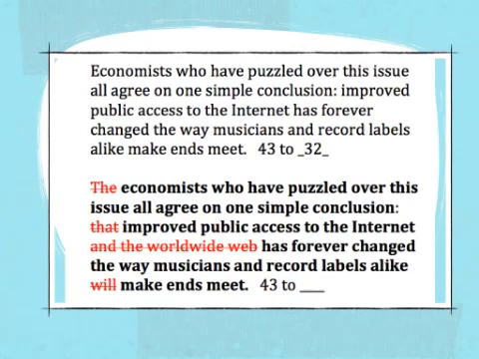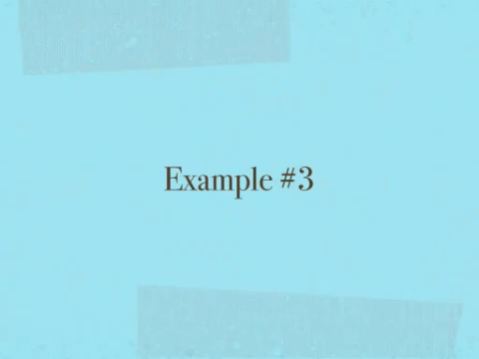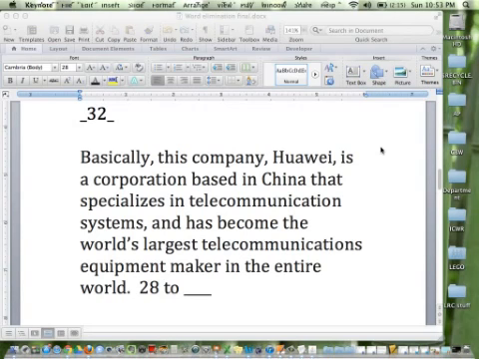Let's move on to example 3. Let's read this example. Basically, this company, Huawei, I'm not sure if I'm saying that right, is a corporation based in China that specializes in telecommunication systems and has become the world's largest telecommunications equipment maker in the entire world.